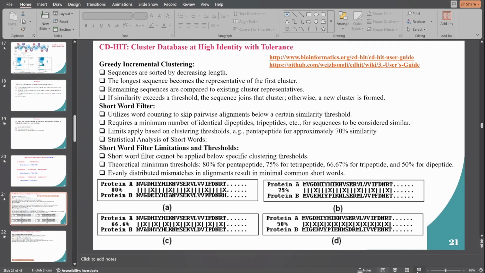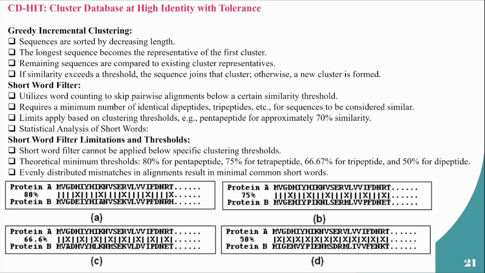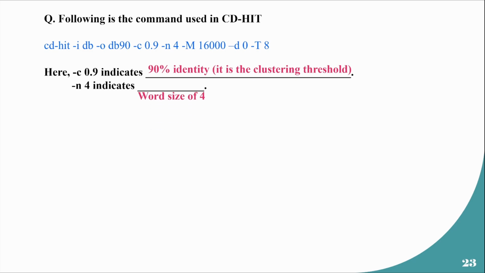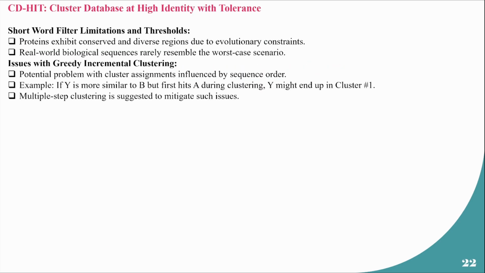Yeah. So that was basically it for CD-HIT. Okay, so there is some other information present here. You can see that it has limitations and thresholds, because proteins exhibit conserved and diverse regions due to evolutionary constraints, and real-world biological sequences rarely resemble the worst-case scenario.